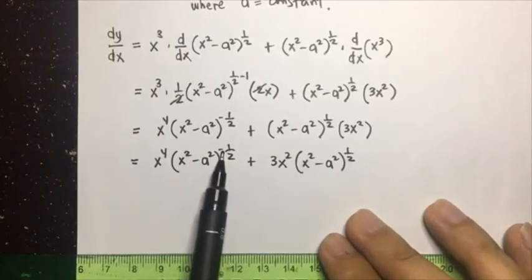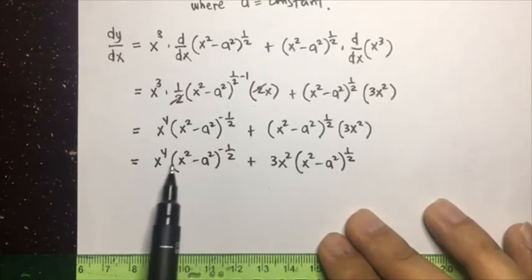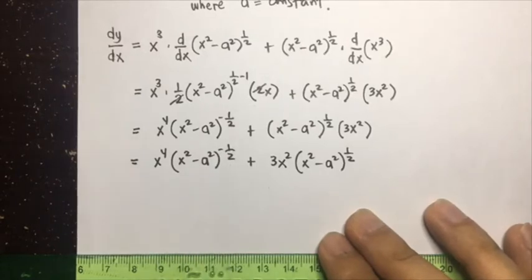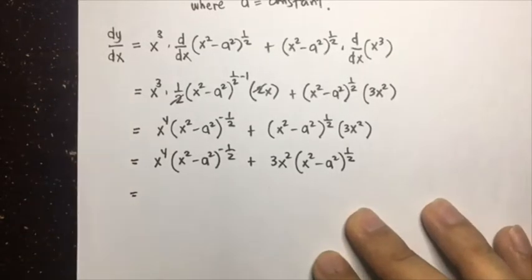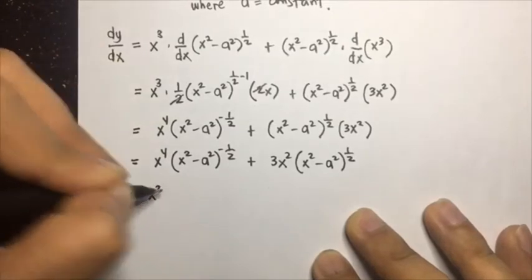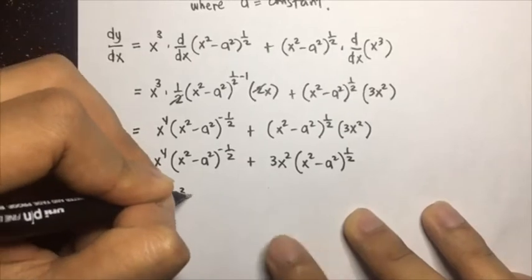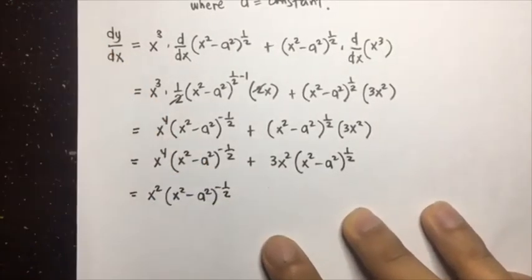If you don't want two terms, you can still combine them. So we can factor out x squared minus a squared raised to negative 1 half. So our greatest common factor for x is x squared, and then we can factor out x squared minus a squared raised to negative 1 half.